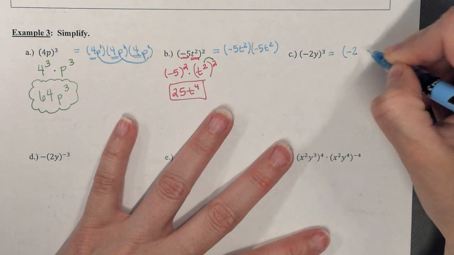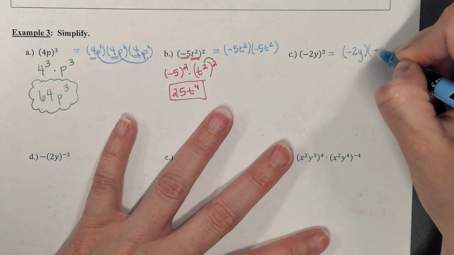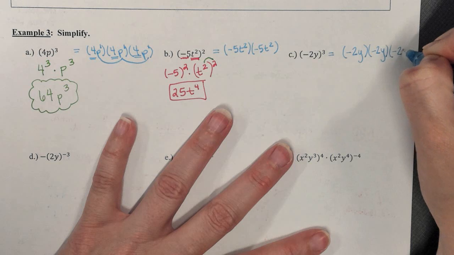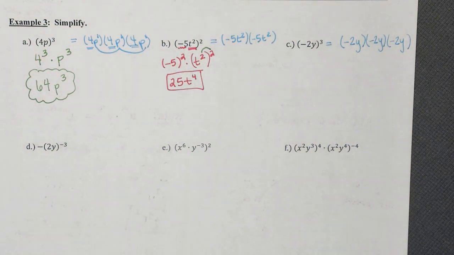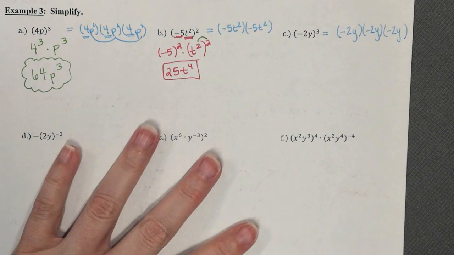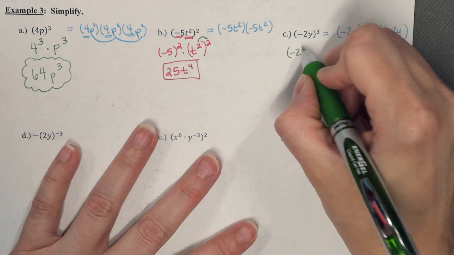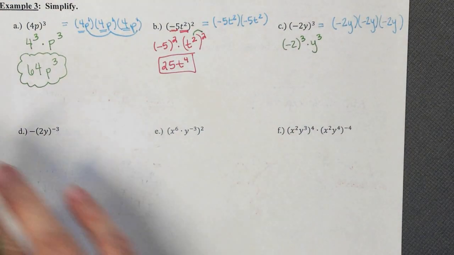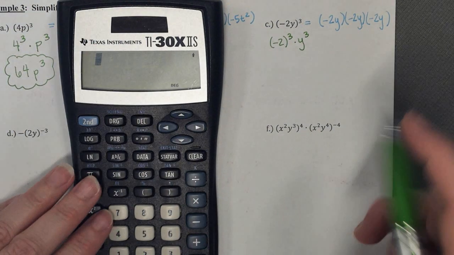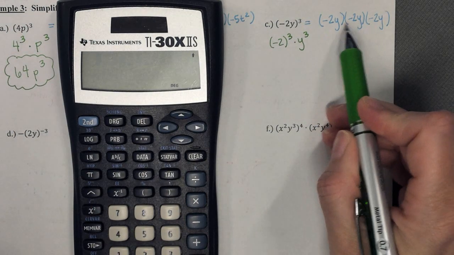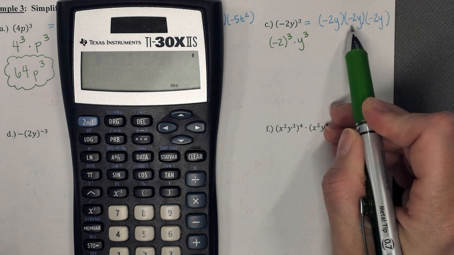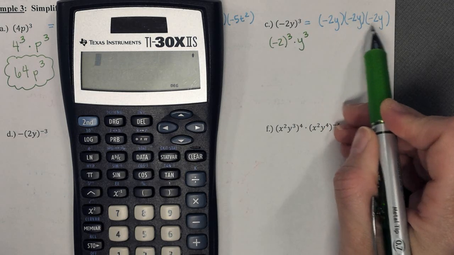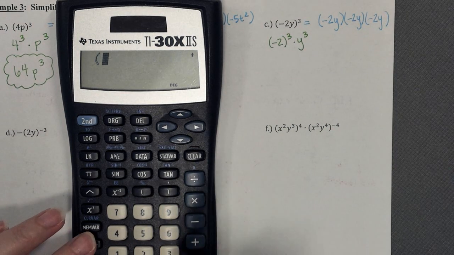So if you want to think of this as negative 2y times negative 2y times negative 2y, you can. Okay, so negative 2 to the third times y to the third. Now, if you have a negative times a negative, it's a positive. We know negative 2 times negative 2 is 4. What's 4 times negative 2?